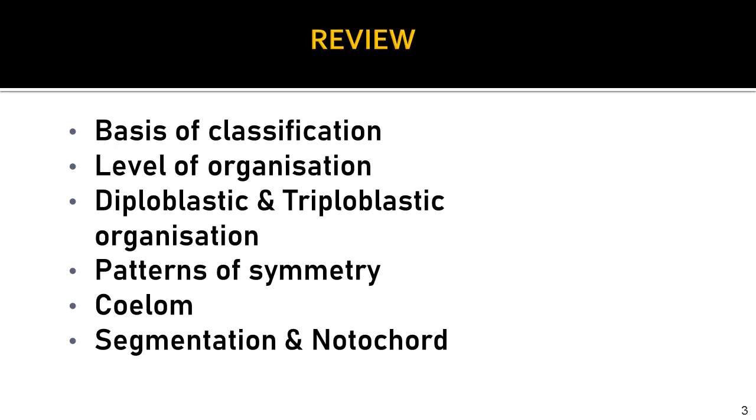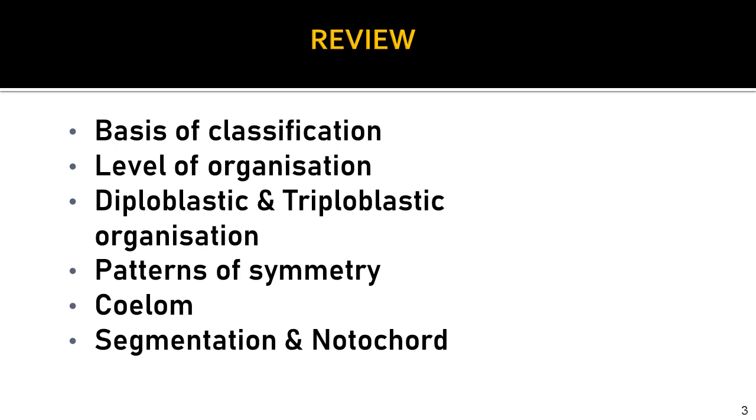Clear? So, before we start this class, let us do one review regarding the previous classes, whatever we discussed. In the previous sessions, we discussed the classification of kingdom Animalia. Based on certain characters, the kingdom Animalia will be classified, we said, right?